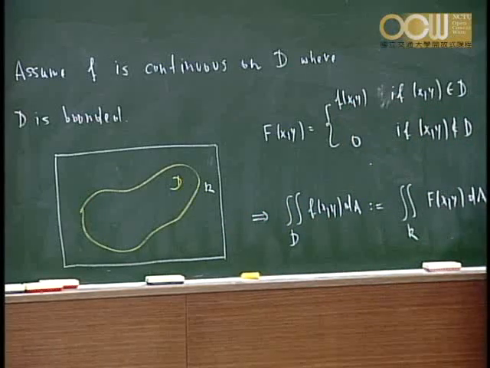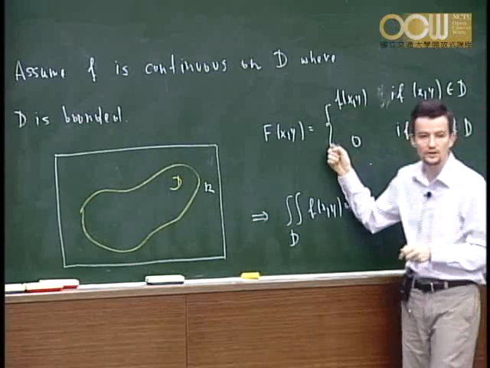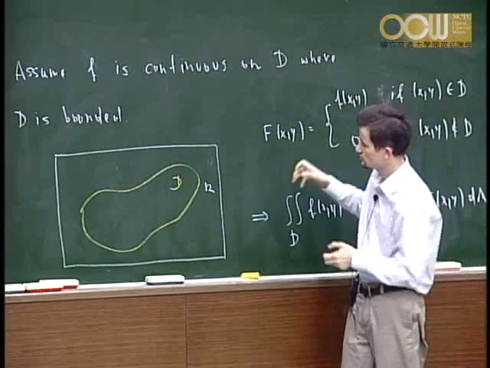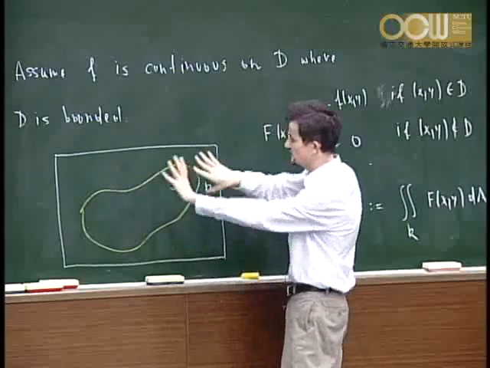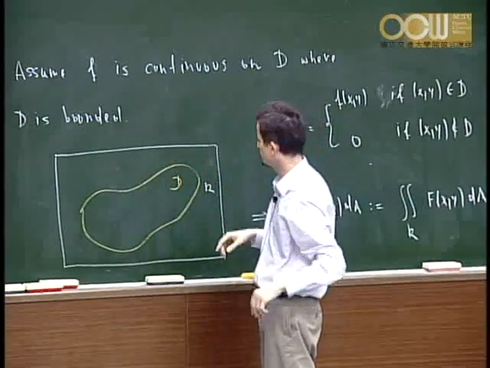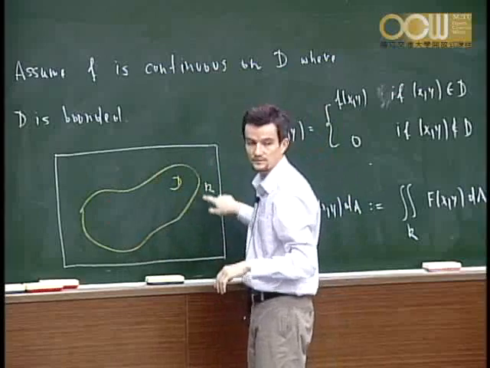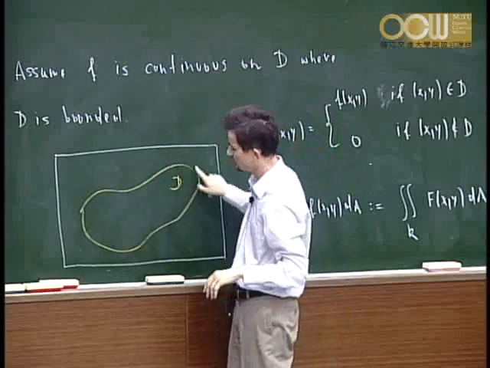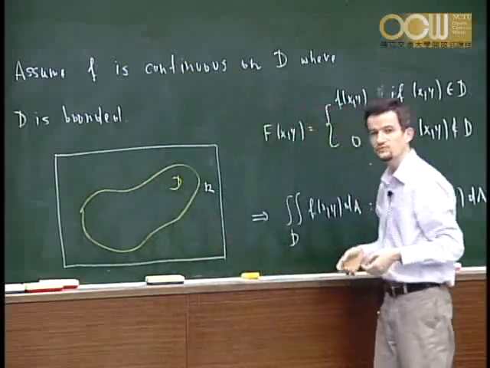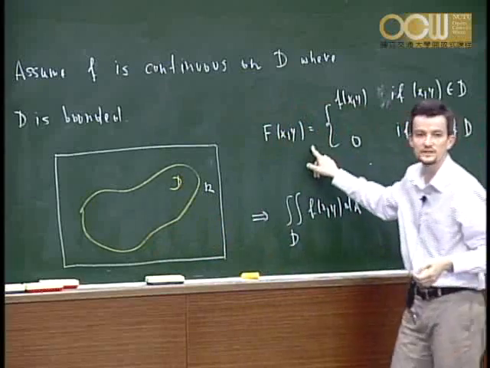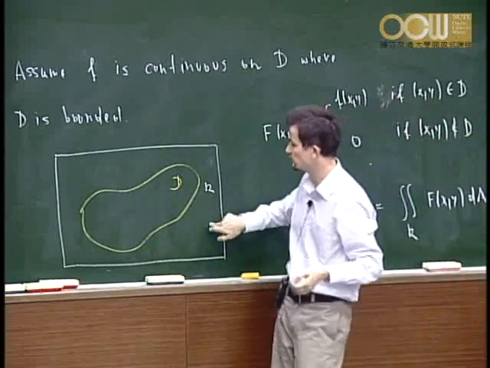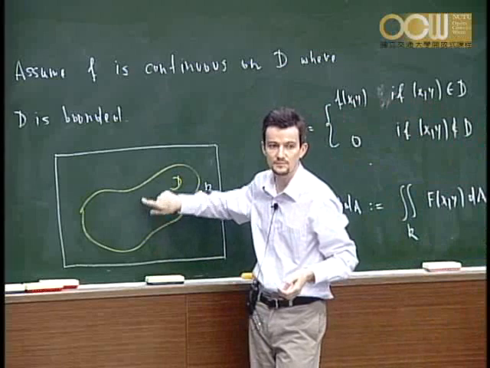But you see that using such a definition, in most cases capital F will not be continuous. You just have to think about f sitting above D. And at the boundary of D, so what you see here, this is the boundary of D, this function will in most cases not be continuous. It will be continuous outside, continuous inside, but not at the boundary.